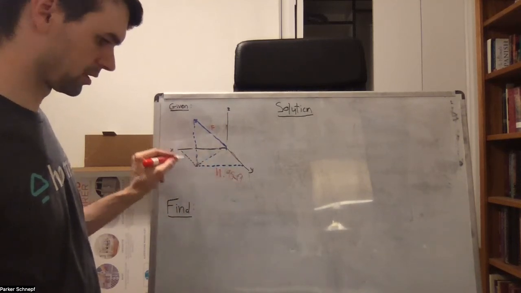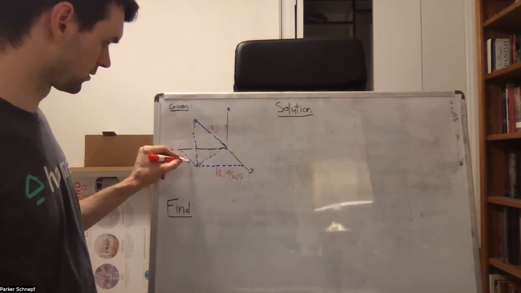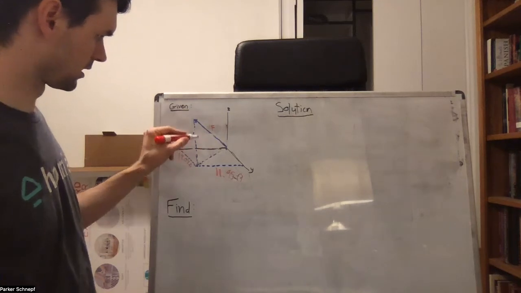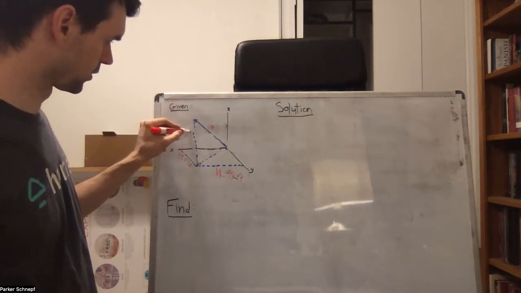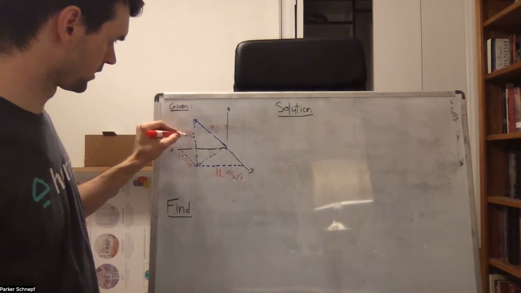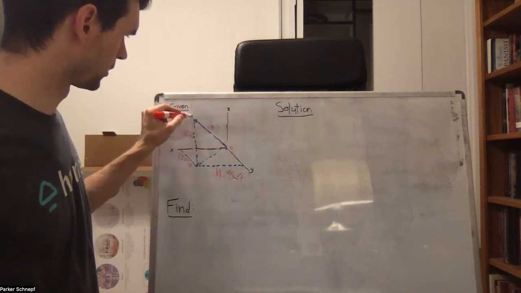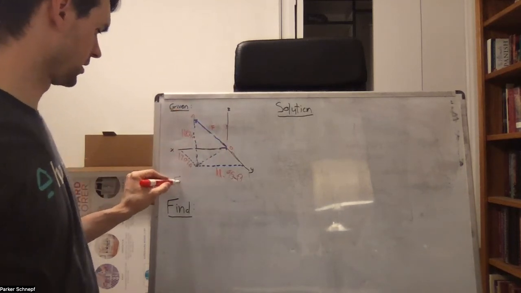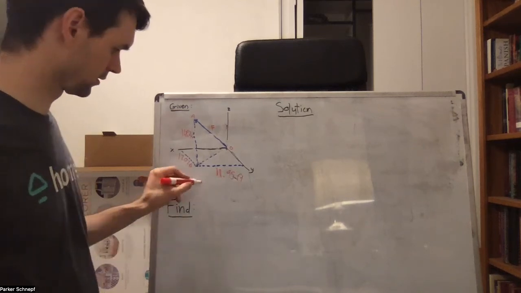In the Y direction, we're given 17.07 feet. And in the Z direction, we're given 118.2 feet. We're going to call this point O, we're going to call this point A, and we're going to say F in this case actually equals 200 pounds.